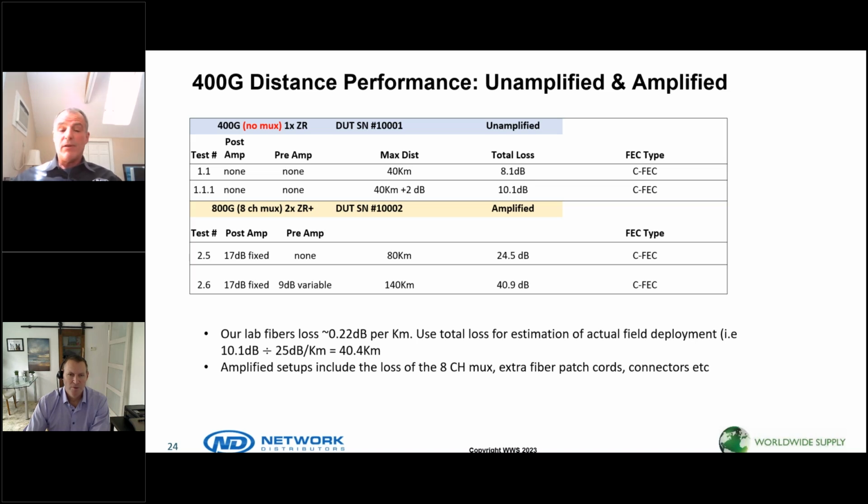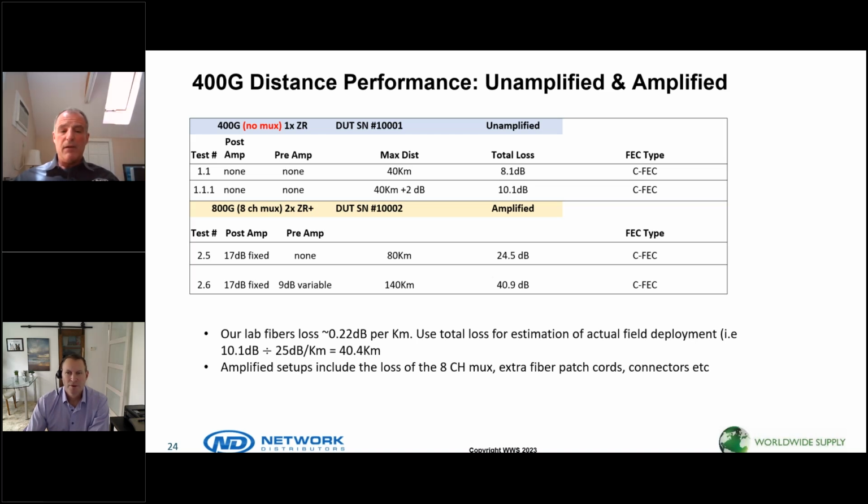That corresponds to 140 kilometers of fiber, plus the losses of all the fiber patches and the loss of the mux demux. That gives us 41 dB. That clearly calculates out to much greater than 140 kilometers. But the point being, with 2 amplifiers here, you can get to 140, 150 kilometers.